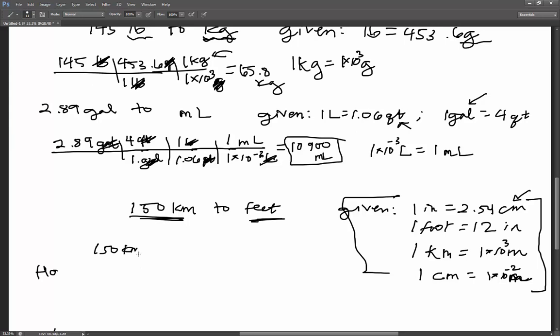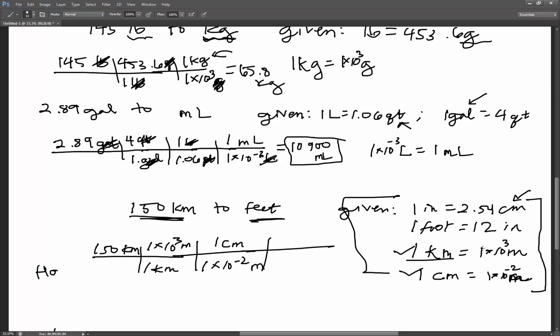Well, let's start here. 150 kilometers. And here's my kilometers. 1 kilometer is 1 times 10 to the third meters. Use that. It can be helpful to check that off. Now I'm at meters. Here's my other meter. So I'm going to use this guy. That 1 times 10 to the negative 2 meters is equal to 1 centimeter. Check, used him.